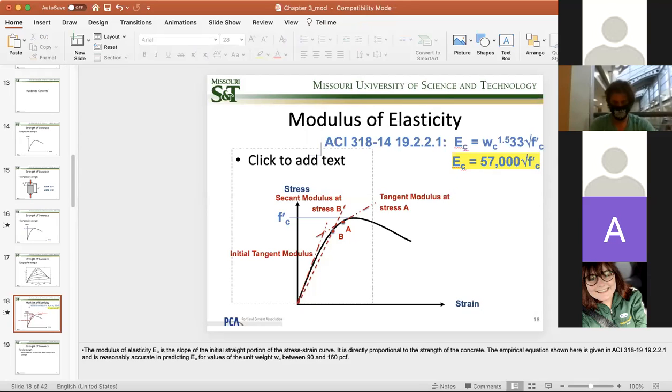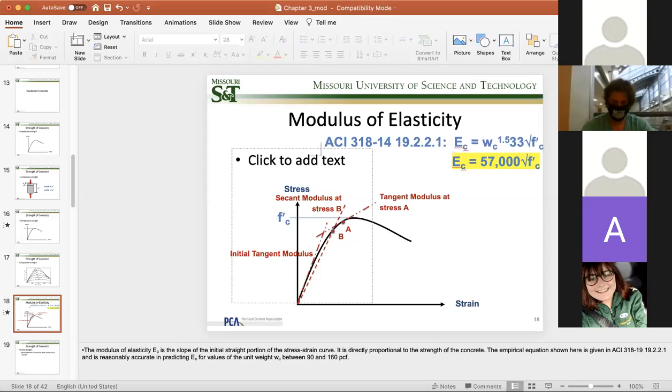Quick question: what's the unit for Young's modulus, or modulus of elasticity? Let me give you a simple choice. Choice one, the unit of modulus of elasticity is the same as strain. Choice two, the unit of modulus of elasticity is the same unit as stress.